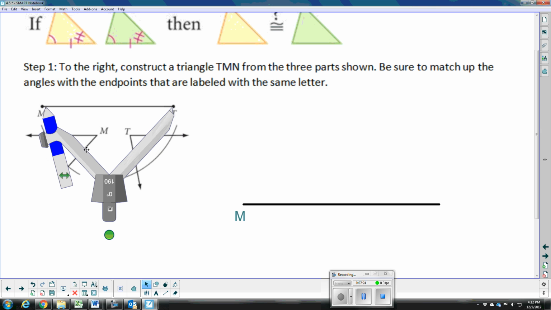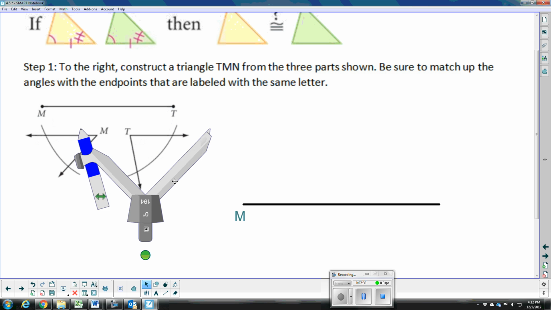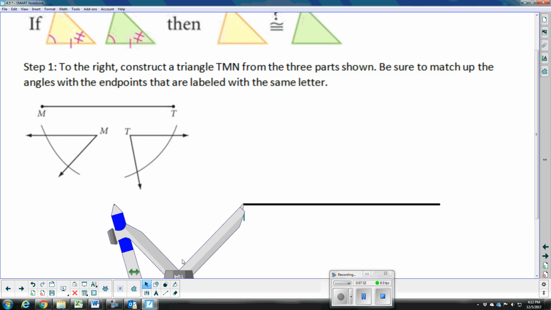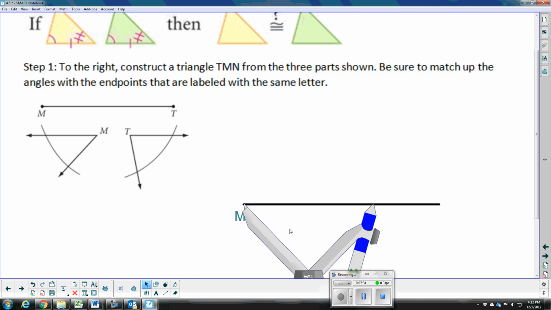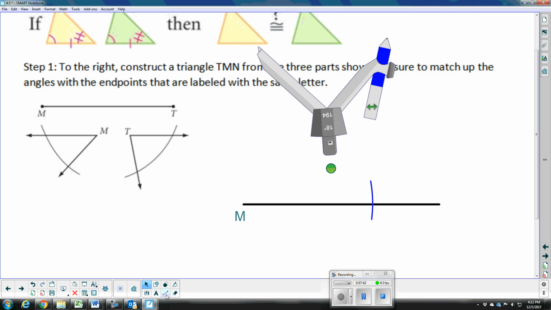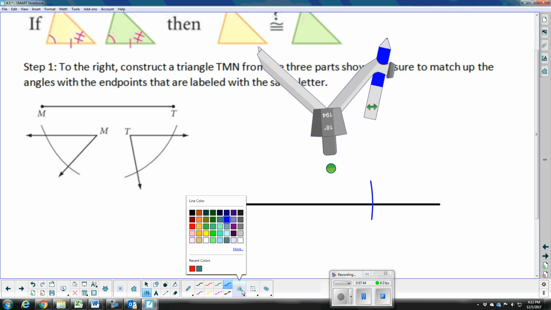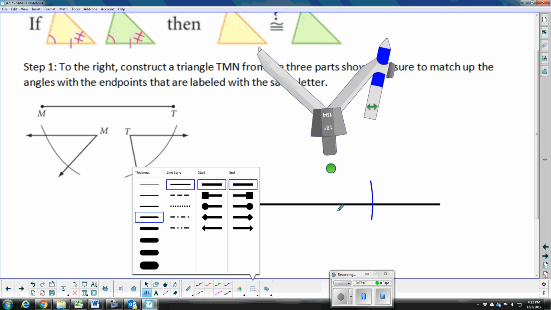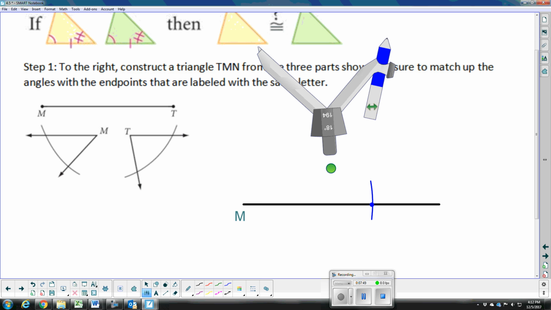I'm going to do that by putting one endpoint here and one endpoint here. So I can go ahead and duplicate my segment by using my compass. So this point right here, that is point T.